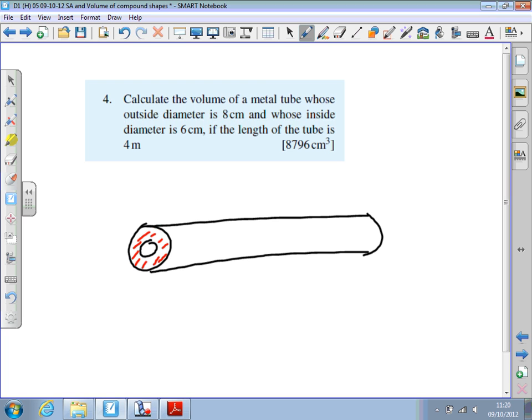Remember, for a prism, and this is a prism because it's got a constant cross-section area, the volume is the area of the end times the length. But the area of this end is the area of the outer bit. So what do I do? What do I do?